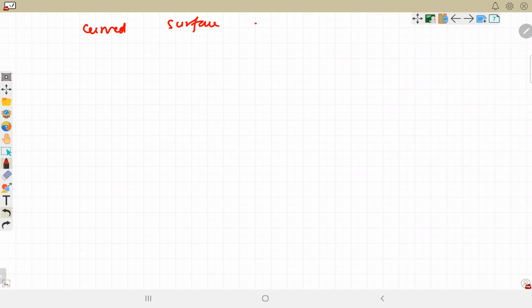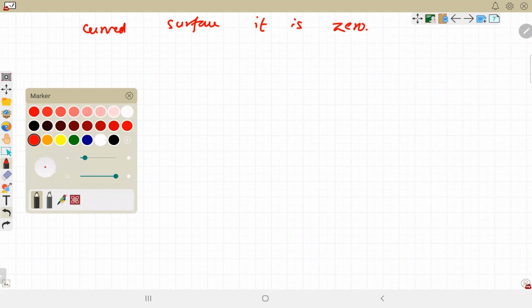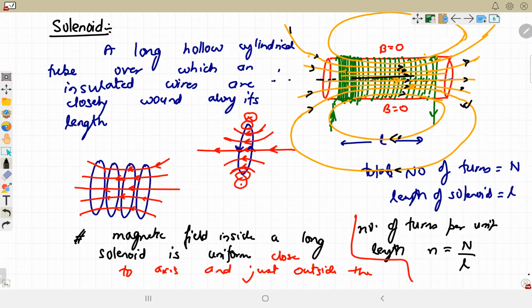Is it understood why outside is zero? Because there won't be any magnetic field line closer, but it is a very long loop, so a very diminished magnetic field line will again appear. But if you go just outside, it is zero, and inside it is a constant kind of magnetic field.